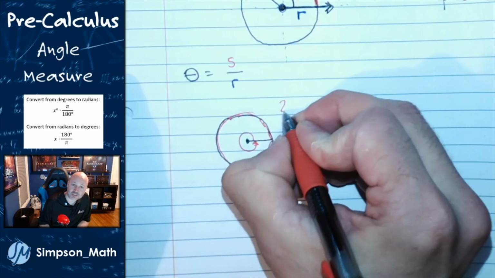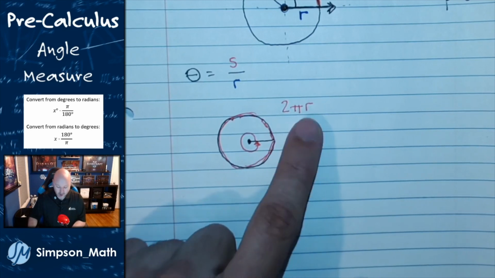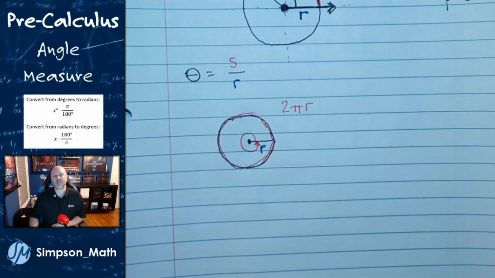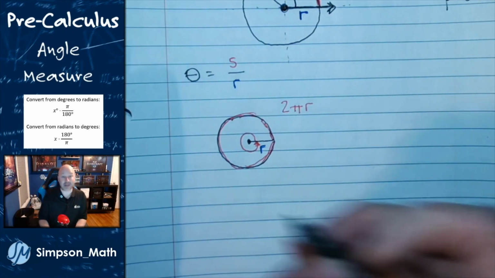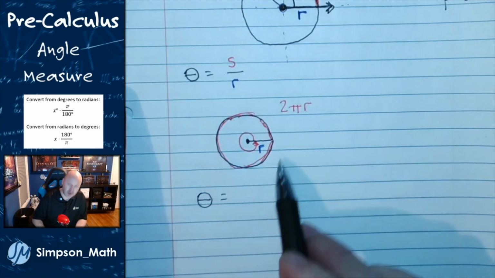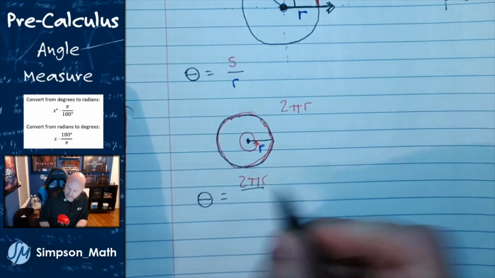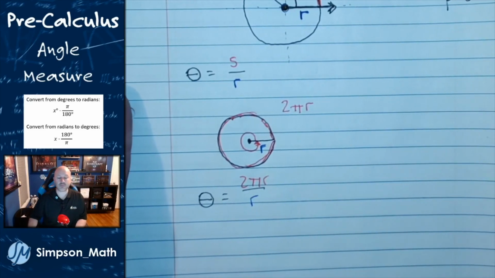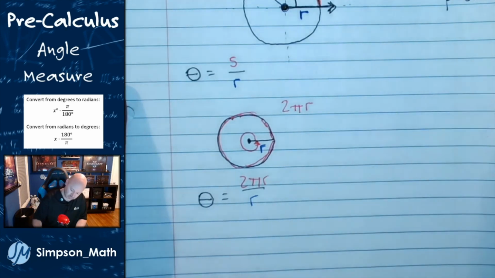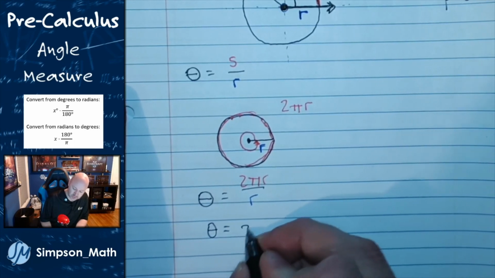The circumference is 2 pi r, where r is the radius of this circle. So if I cut away the entire circle, then by definition theta is equal to the intercepted arc length, which is all of it, 2 pi r, divided by the radius. The radius divided by itself reduces, and I have theta, the radian measure of that angle, equal to 2 pi.